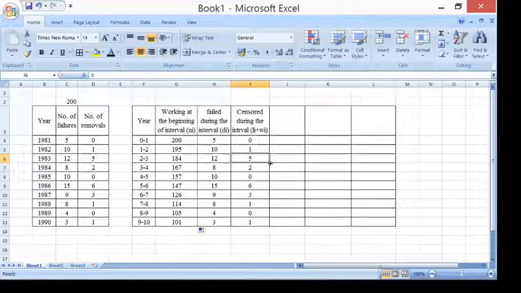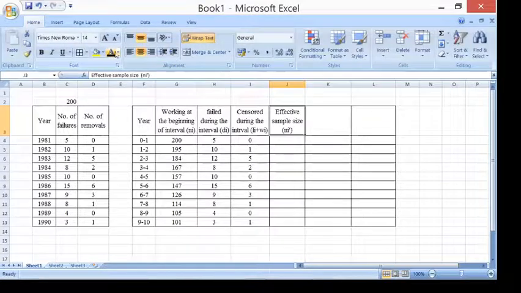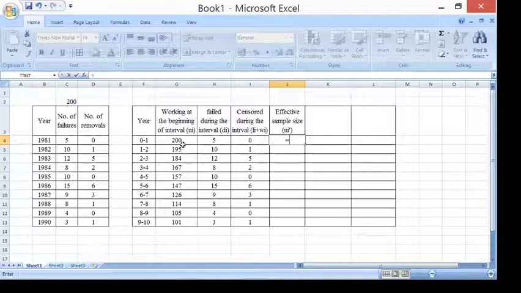So the actuarial method works in this way. Instead of considering these 5, half of them will be subtracted and we will get the effective sample size. So we'll have another column, effective sample size, and it will be simply the original sample size minus half of the number of censored units.